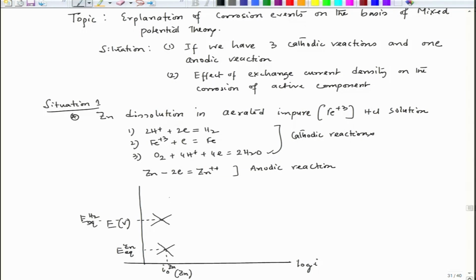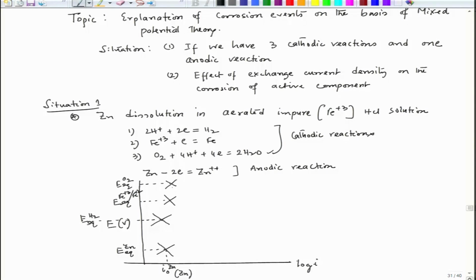Then we have E equilibrium Fe+3/Fe+2, and then another one, E equilibrium O2.